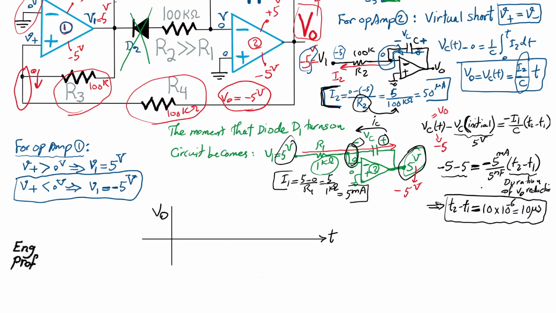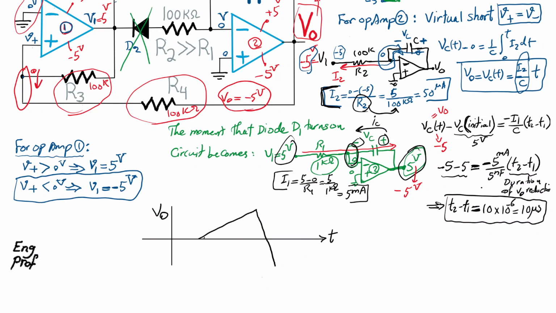V out. So we started tracing at, say, time 0. And I need to try to visualize it, which is not easy because of the scale of 1 to 100.